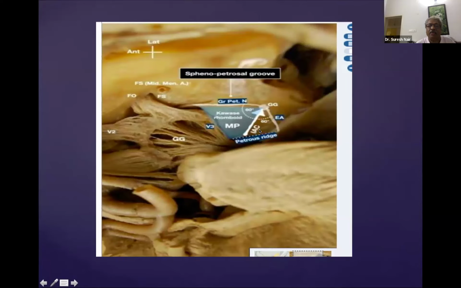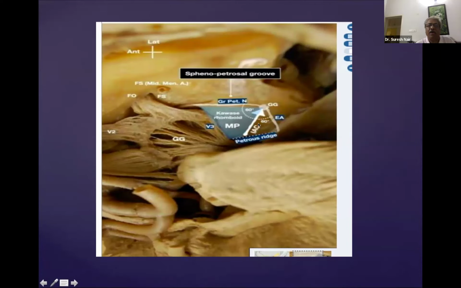And Arun described very nicely the importance of IAC in relation to arcuate eminence, and most important, he very, very well described the trigeminal impression. It is the Meckel's cave, the Gasserian ganglion sits over the trigeminal impression. So if you have to remove the petrous apex, you have to mobilize V3 and Gasserian ganglion.